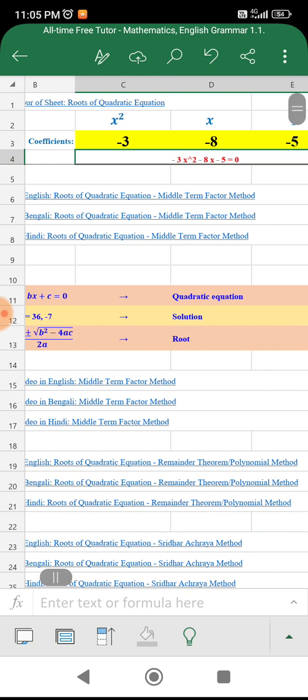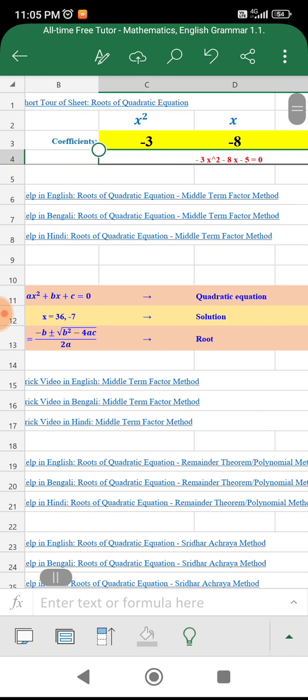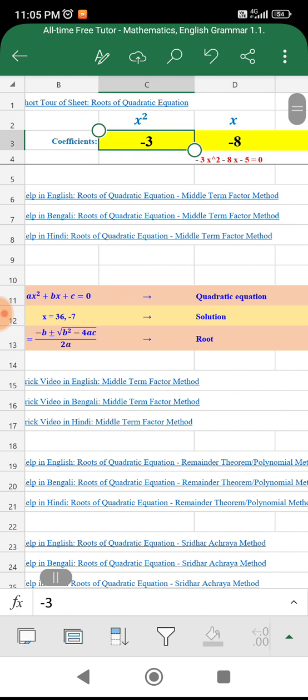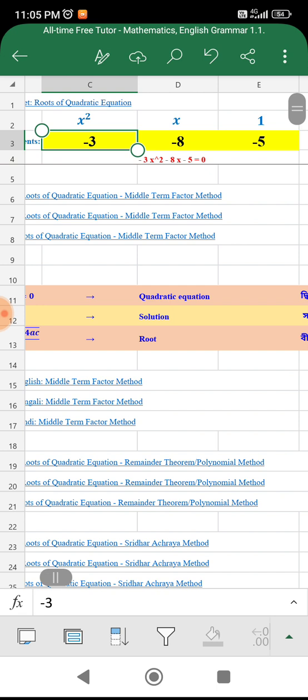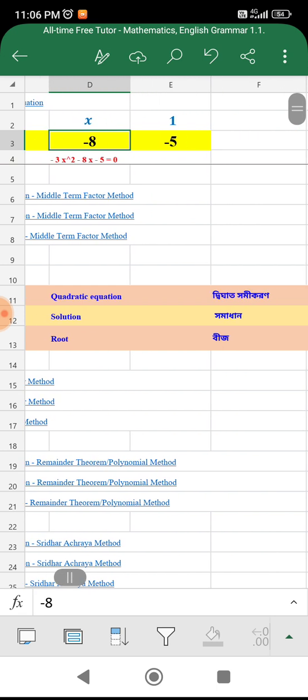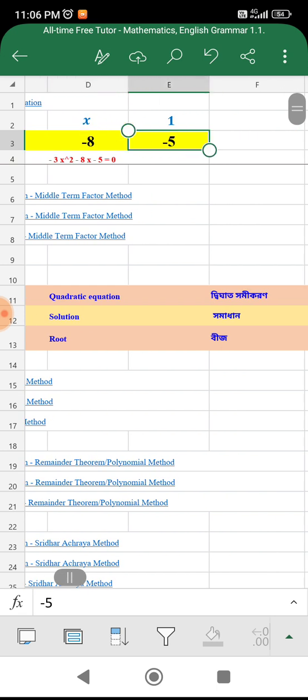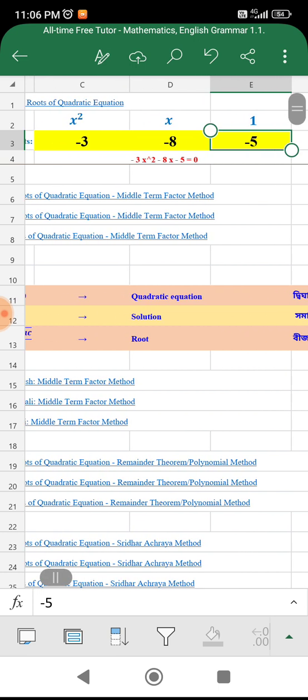So first, these are the coefficients. This is the coefficient of x square, this is the coefficient of x, and this is the constant part c. This equals 0.